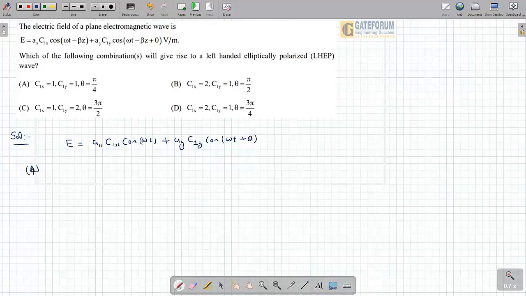So option A. C1x is 1 and C1y is 1. Theta is pi by 4. So the electric field in this case will become Ax cos omega t plus Ay cos omega t plus pi by 2. Now we'll take two time instants and see how this vector is moving. Let me just draw this.